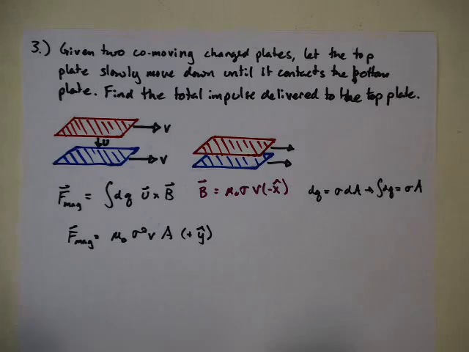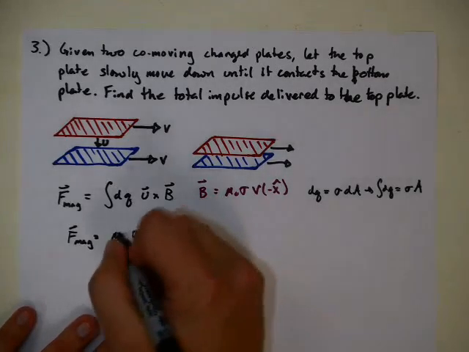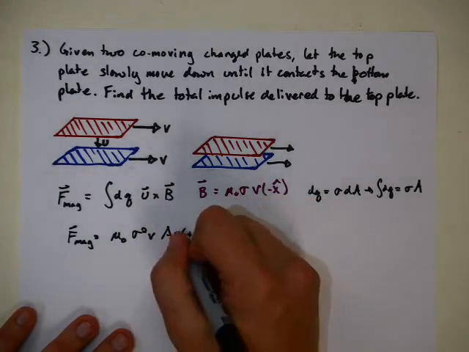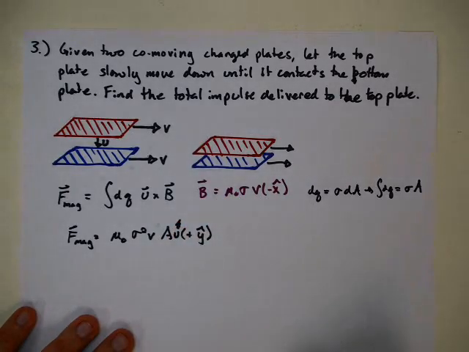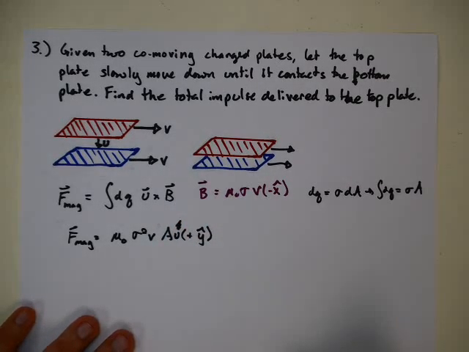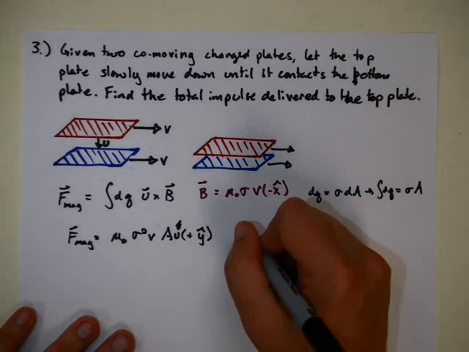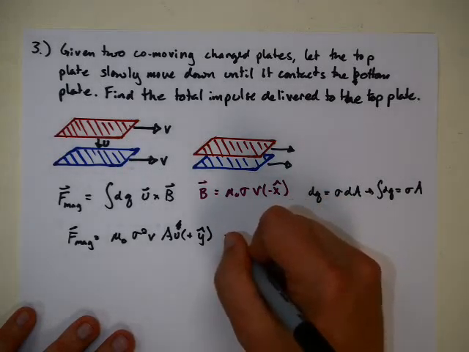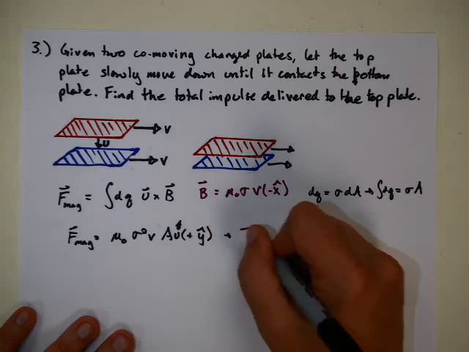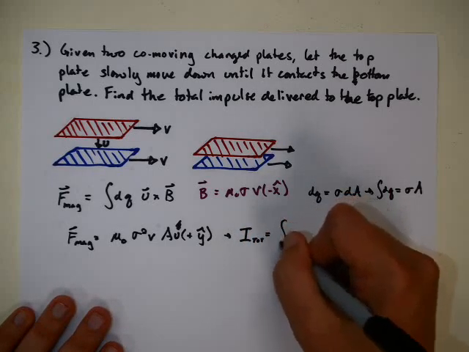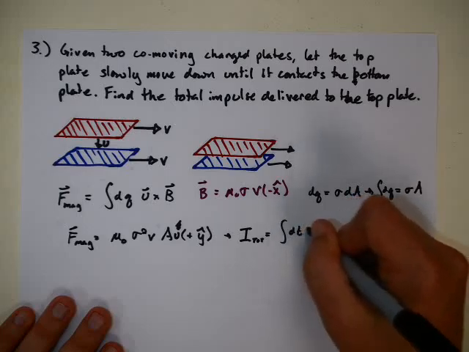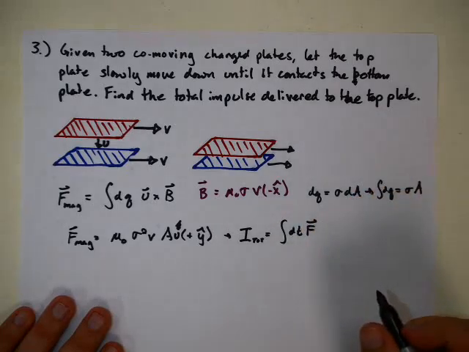Now to find the total impulse, I need to integrate this over time. And so in that case, we would write that the total impulse, I total, is going to equal the integral dt of the force.